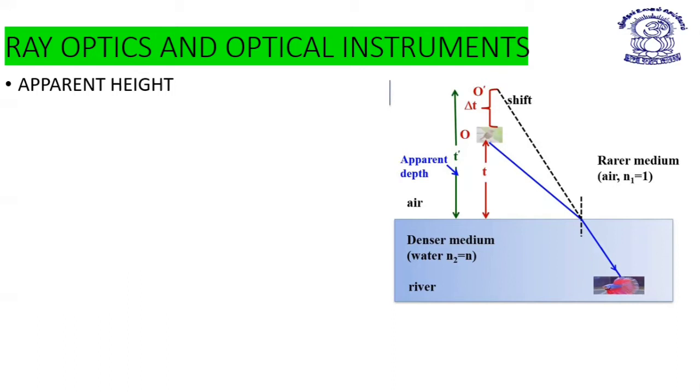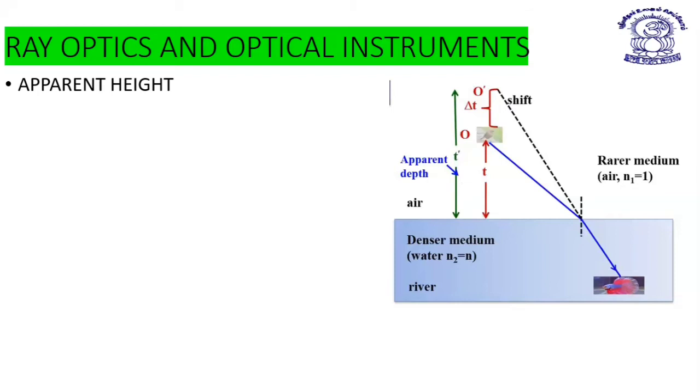The actual height is lesser than the apparent height. Here, let's say a fish is observing a bird in air. The actual height of the bird is T and its apparent height, the height at which it appears to the fish, is T dash. So T dash is the apparent height.